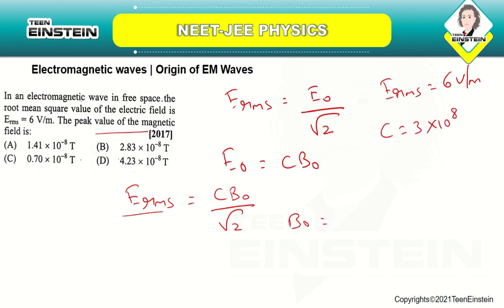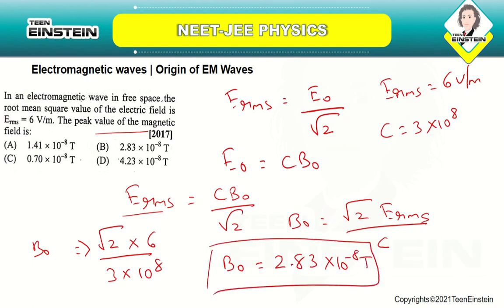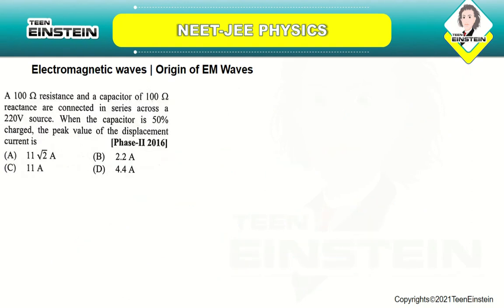So B naught will be root 2 ERMS divided by C, which is root 2 into 6 divided by 3 into 10 power 8. If you solve, you will get the value of B naught as 2.83 into 10 power minus 8 Tesla. So this is the peak value of the magnetic field. So the correct answer is option number B. Okay, let us now move on to the next question.